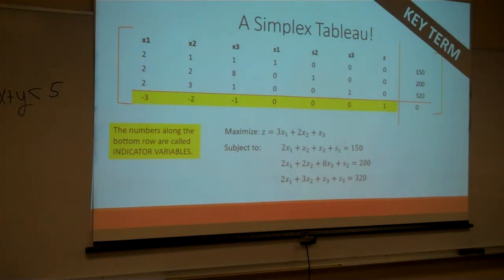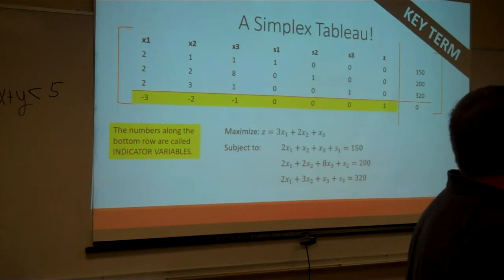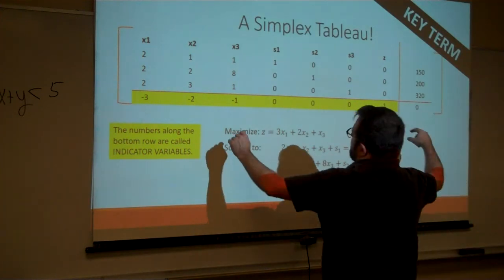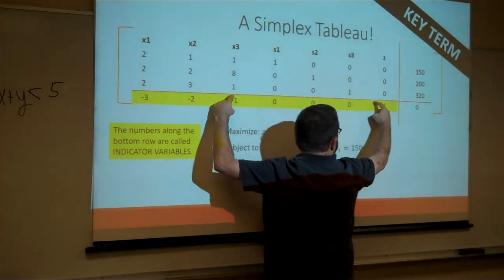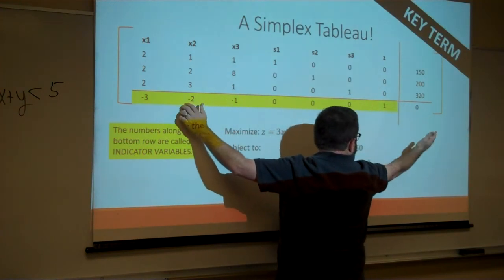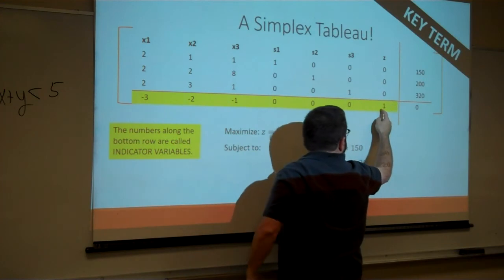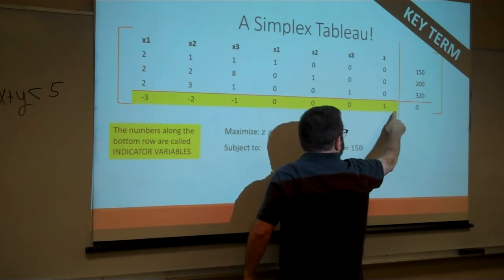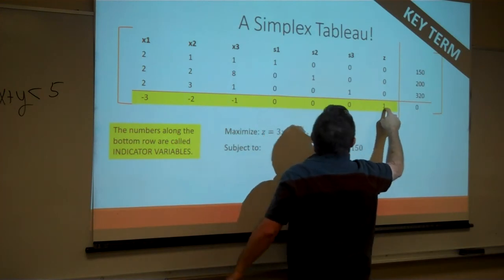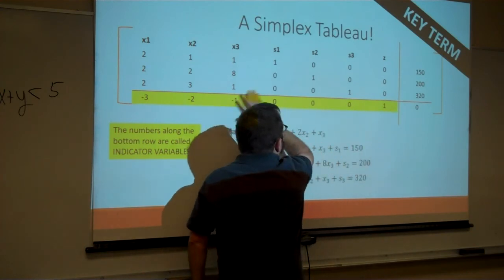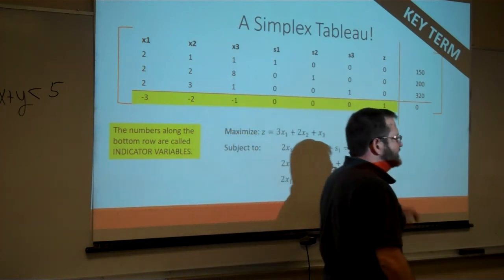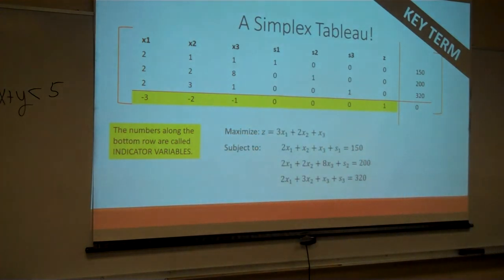Now, on the version that I'm going to post on It's Learning, I found a mistake here. The color yellow doesn't extend all the way. They're not all indicator variables. That last one isn't an indicator variable. I was drawing the colors and I didn't realize I went too far. This one isn't either. The indicator variables are just the original variables and the slack variables. Z isn't considered an indicator variable either. So not Z.